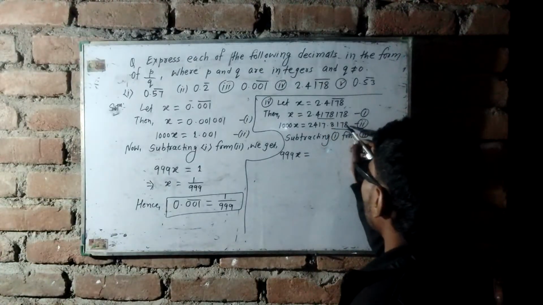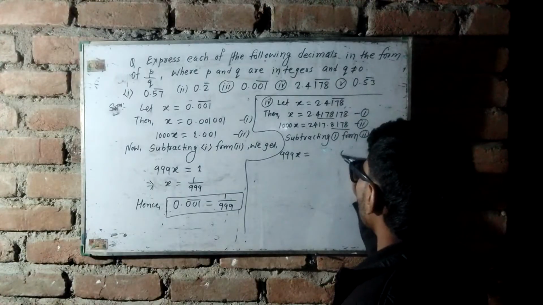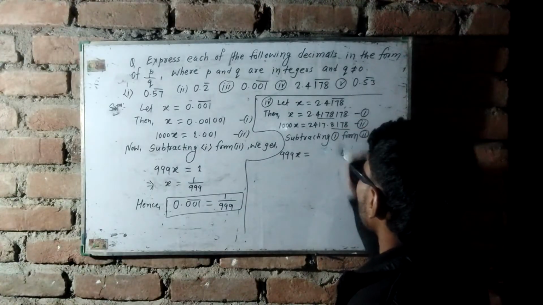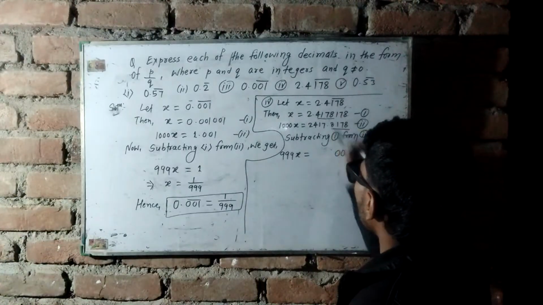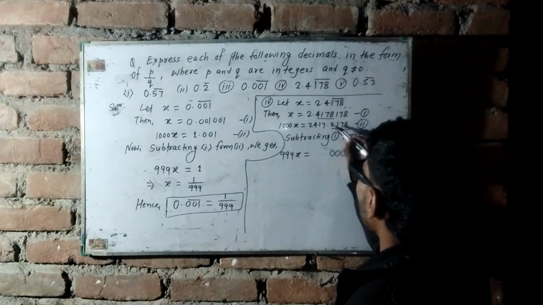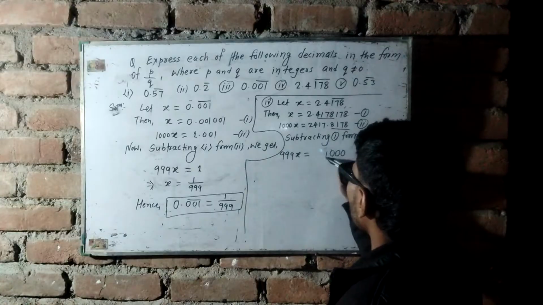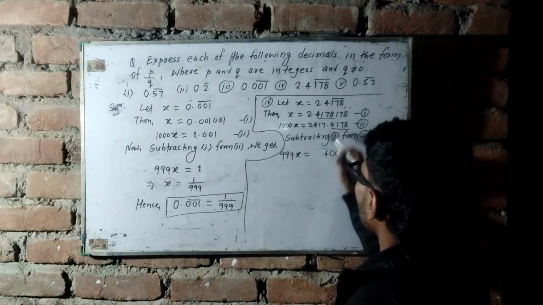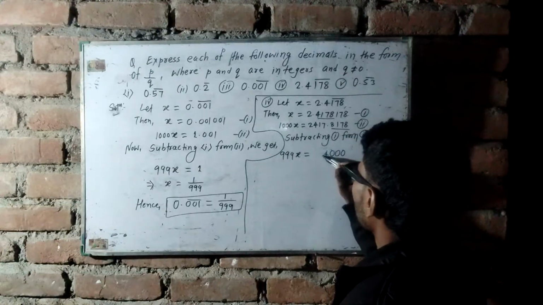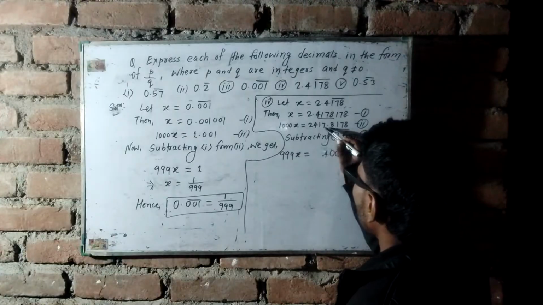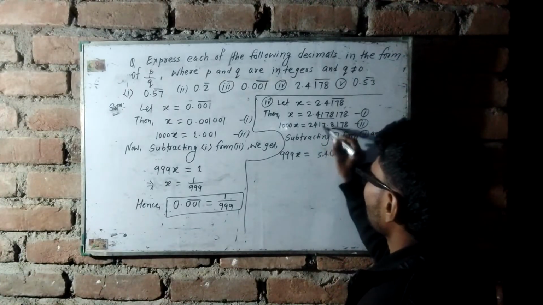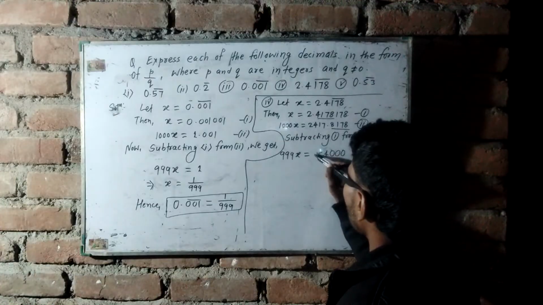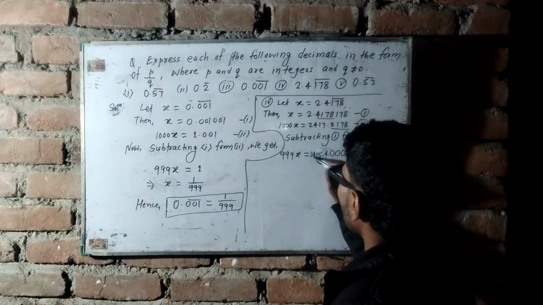So 8 minus 8 is 0, 7 minus 7 is 0, 1 minus 1 is 0, and 8 minus 4 is 4. Now insert the point. 7 minus 2 is 5, and the remaining digits as they are, 1, 4, 2.